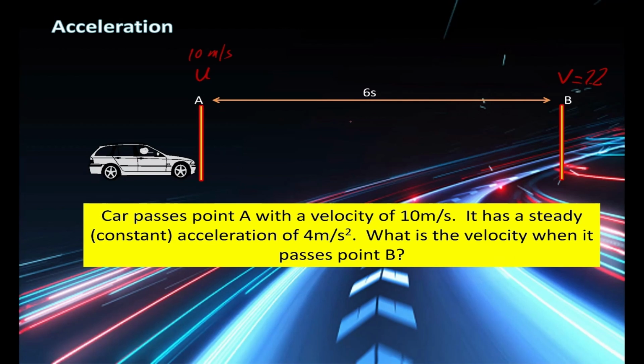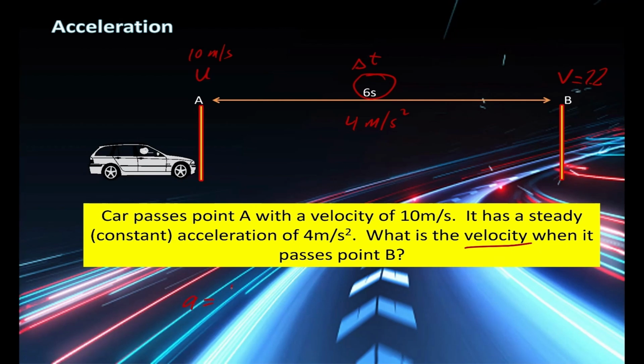The acceleration is 4 meters per second squared, and the time is given in the figure, which is 6 seconds. What is the velocity when it passes point B? This means we need the final velocity. Try to get the answer and pause the video.